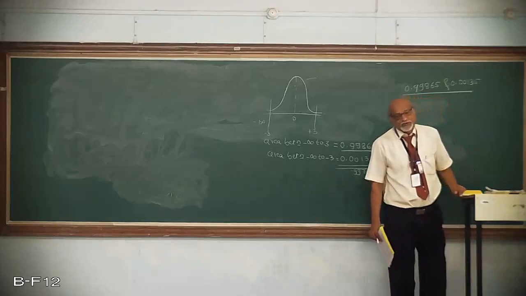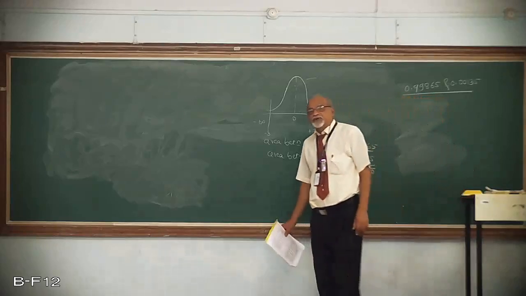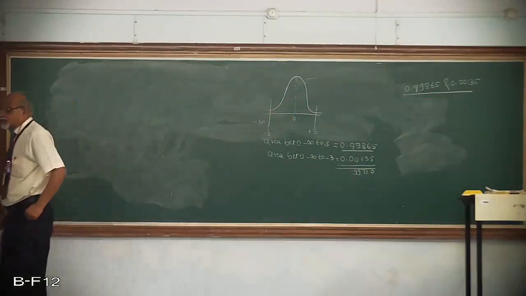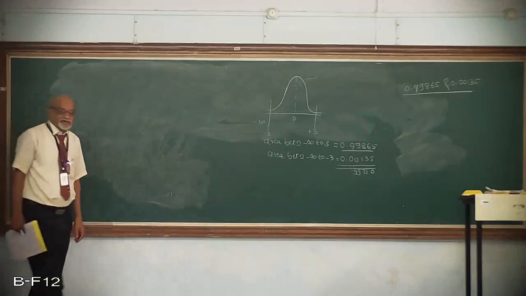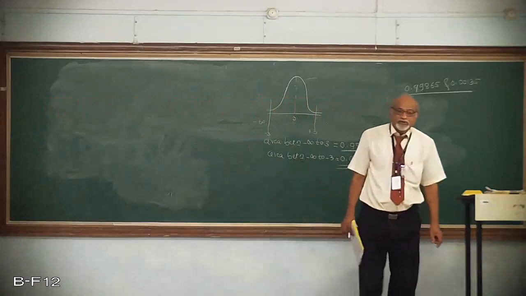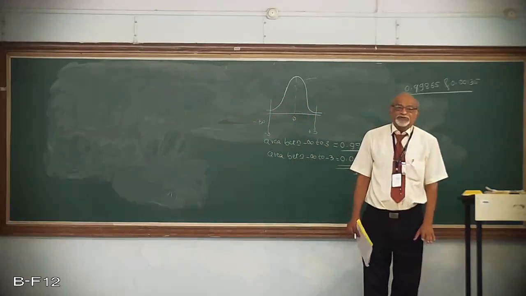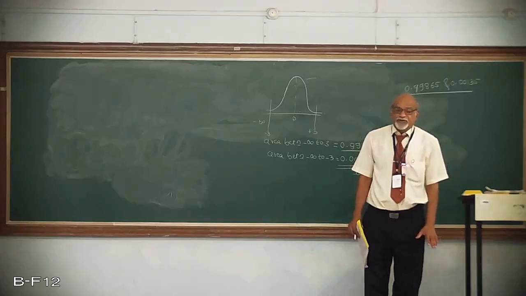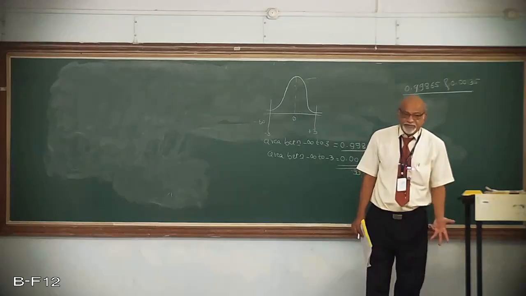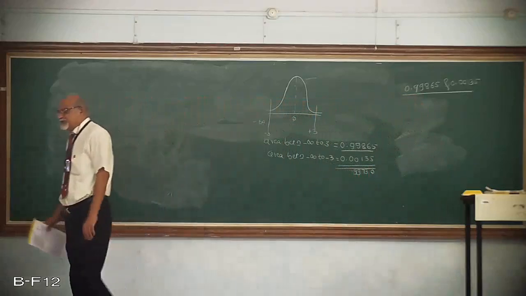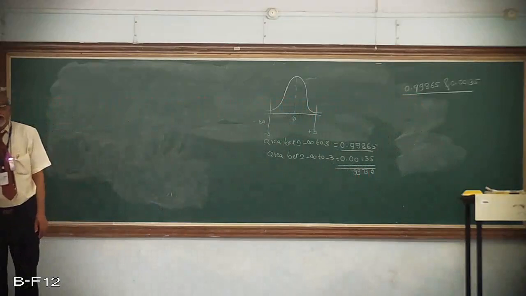Why am I selecting the U chart and C chart? There is a particular reason. We know that the U chart follows the normal distribution, whereas the C chart follows the Poisson distribution. Why does the C chart follow the Poisson distribution? Because its average value and variance are both the same: the average value is C bar, and the variance is also C bar.